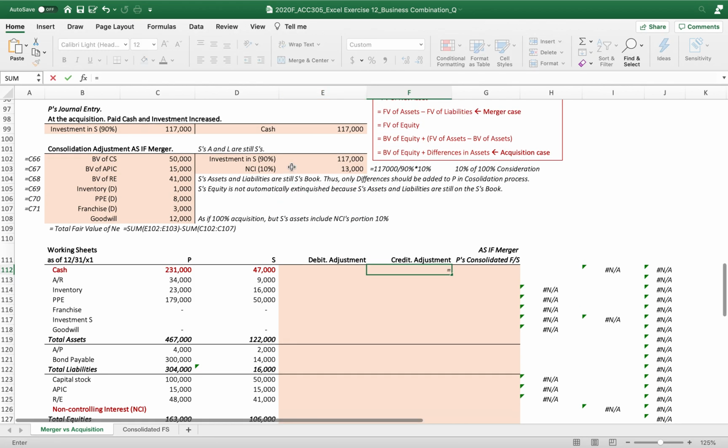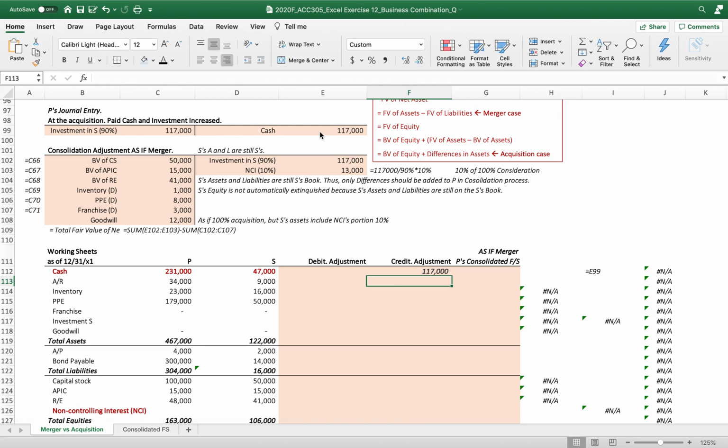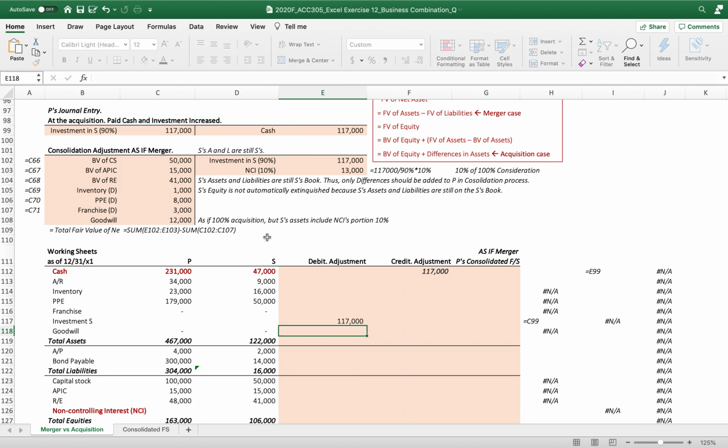First, this cash out, 117,000, and then investment, 117,000, and then inventory, starting from the inventory, only the difference amount.